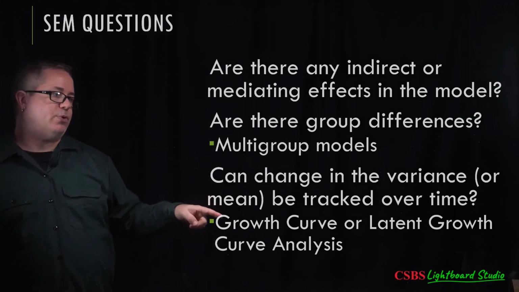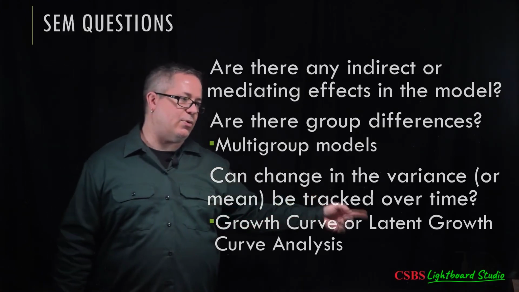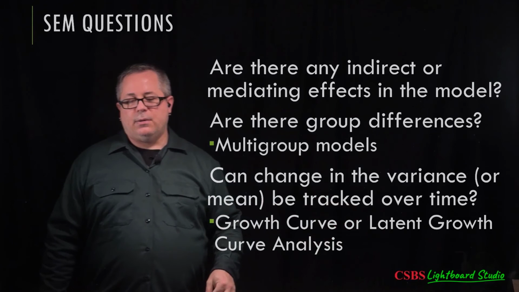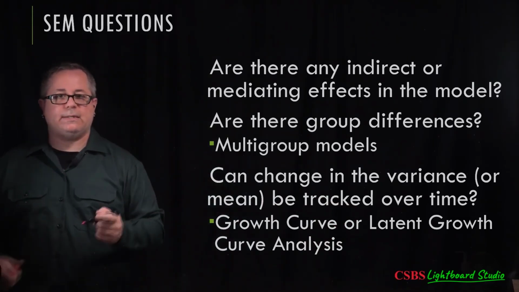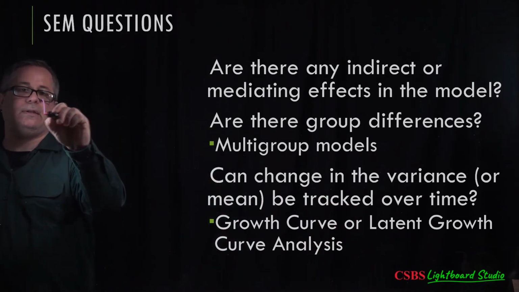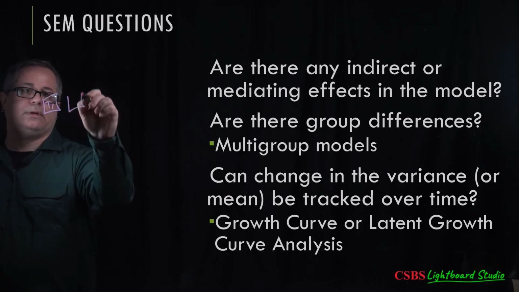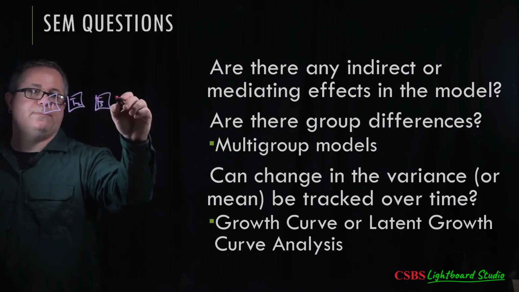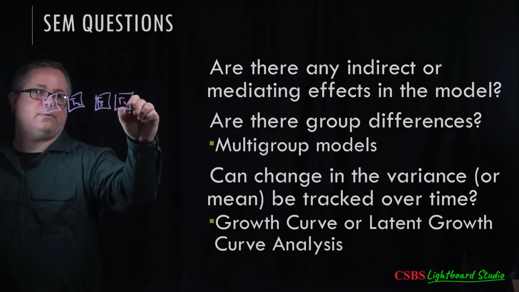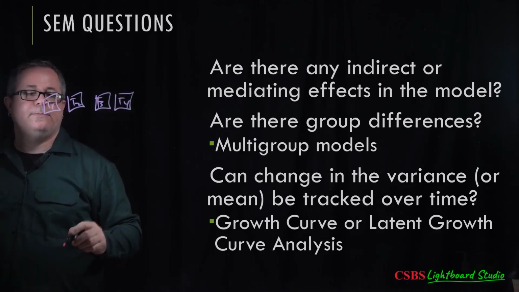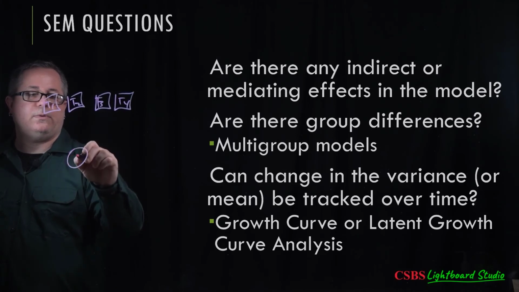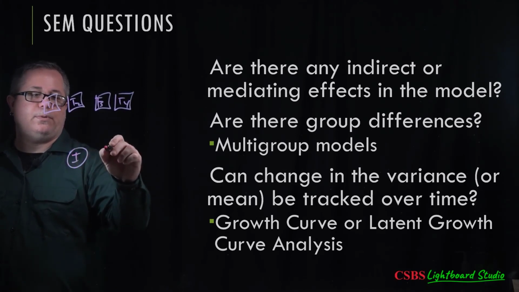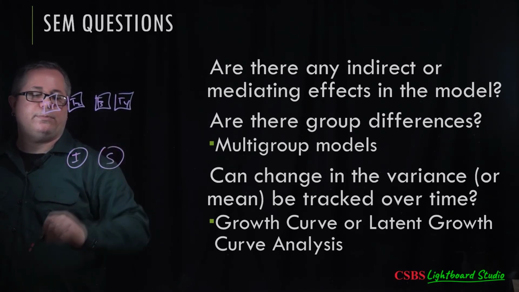Growth curve, often referred to as latent growth curve analysis, because you can look at variables that I've taken at time 1, time 2, time 3, and time 4. Across those times, I can then compute a latent intercept and latent slope.